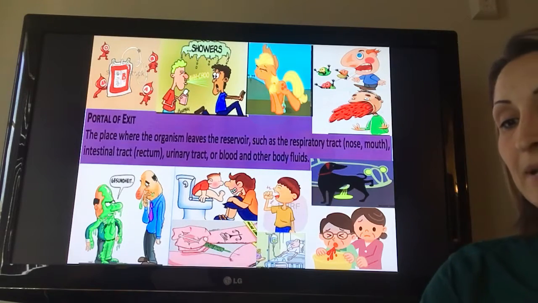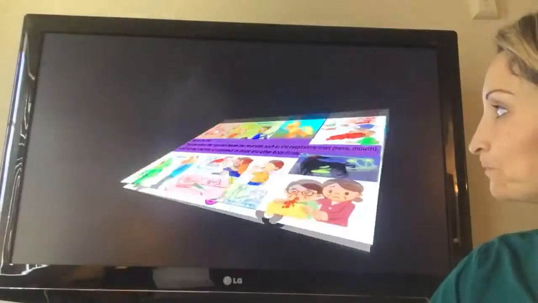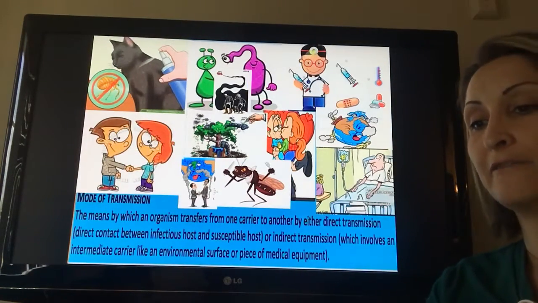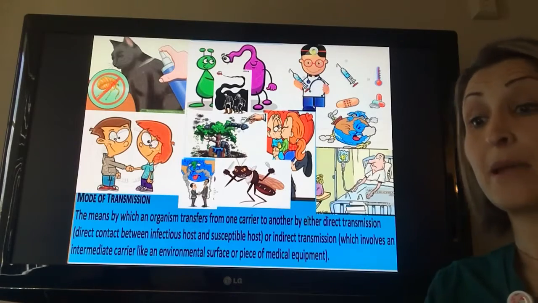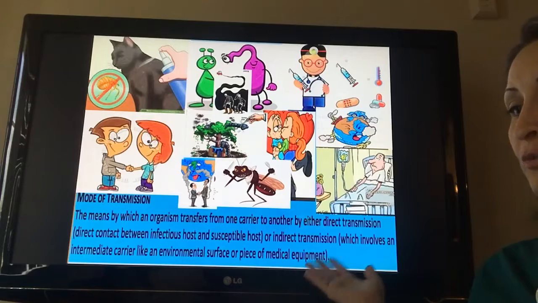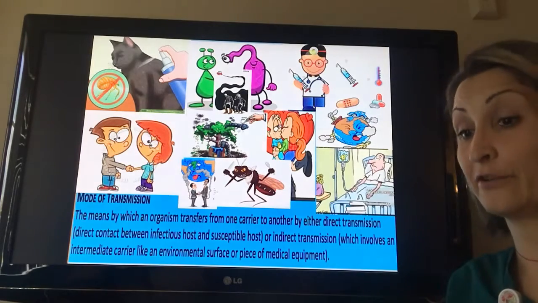The next step is the way of transmission. An infectious agent or organism may be transmitted from its natural reservoir to a susceptible host in different ways.